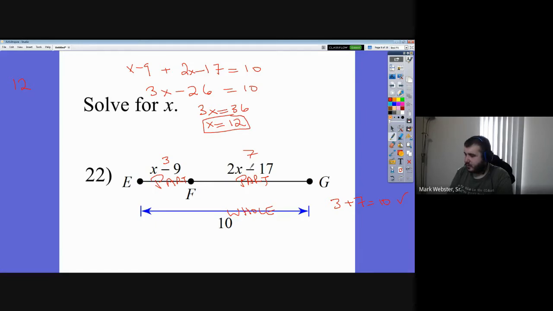Does that make sense? 12 was the answer. Denise came up with the answer of 12, and I said, let's check it. Let's see if it's right. And so we plugged it in just to see. But x is 12. We showed it right here. So if we take 12 and we put it in here, we can show that what we've done here is correct. You know what I mean?